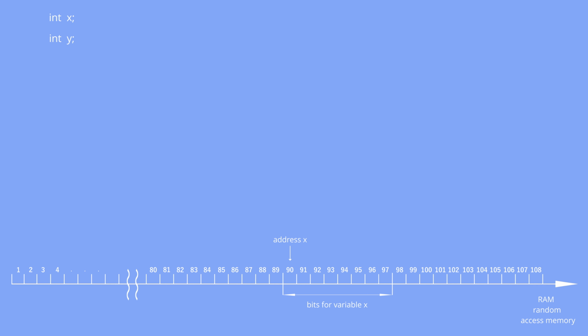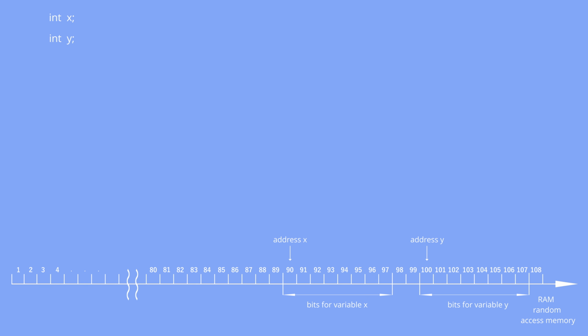Please pay attention that we create variable y after variable x in our program, but the operating system of the computer can create this variable before or after in random access memory. In other words, the address of variable y can be less or greater than the address of variable x.